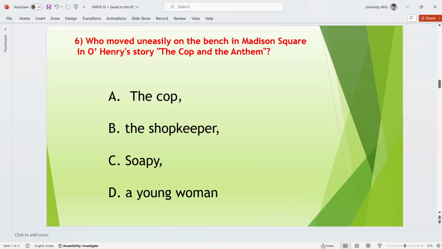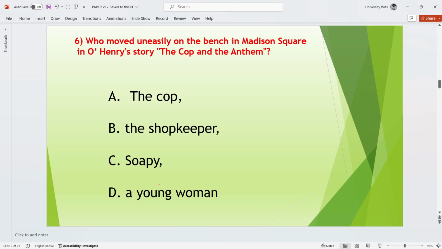Question number 6. Who moved uneasily on the bench in Madison Square in O. Henry's story, The Cop and the Anthem? Okay, options are the cop, the shopkeeper, Soapy, a young woman.